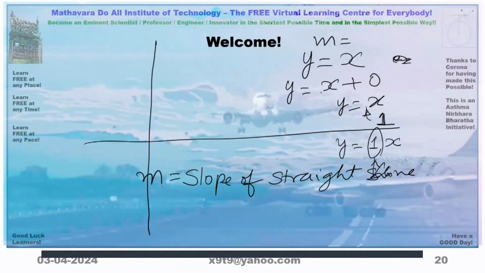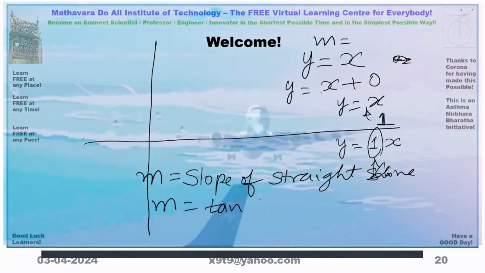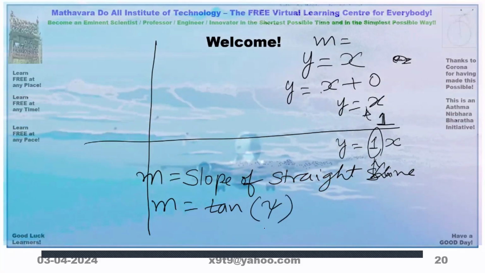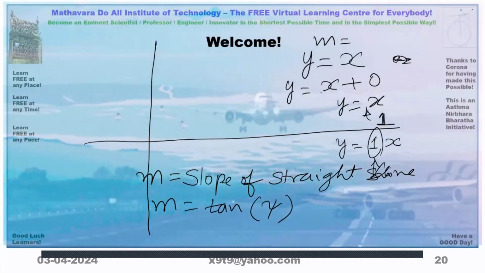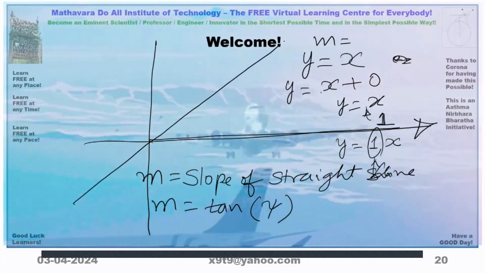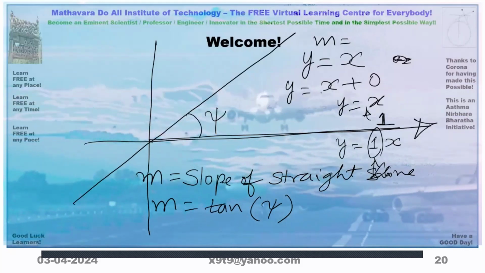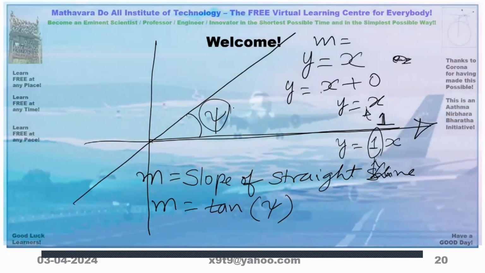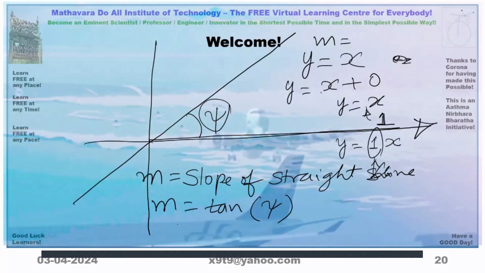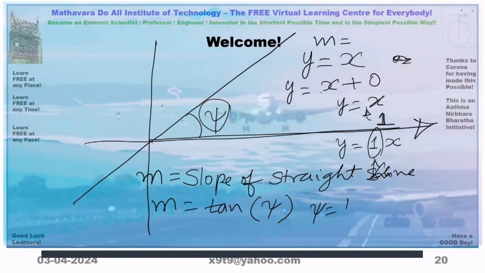So that is m, if you know the angle of inclination of the line with the positive direction of the x-axis. If we draw any line like this, the angle is that one. We can find it using trigonometry, psi is equal to tan inverse.